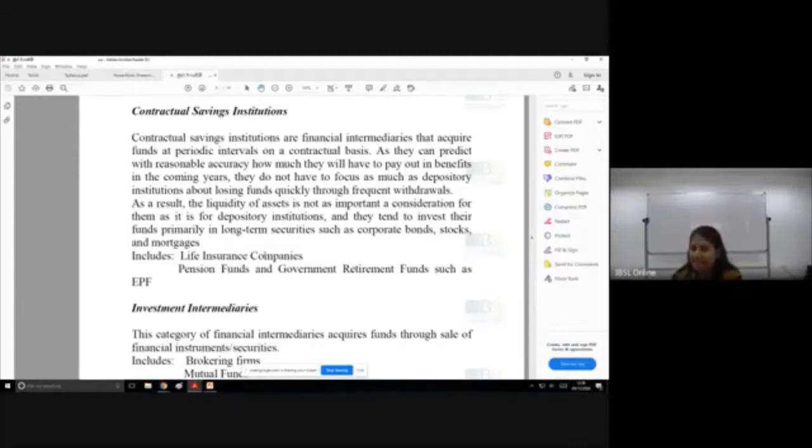Is it a deposit? No, it's not something you can withdraw anytime, correct? It's a contractual obligation that you have to make. From your salary, EPF and ETF get deducted. That is your contractual saving. You're not willingly making a deposit there, correct?